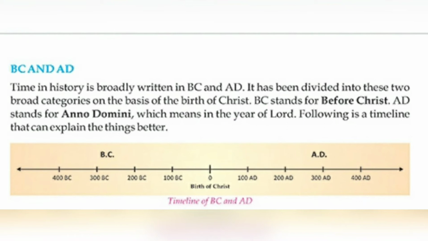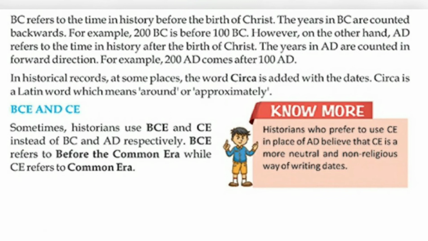Now 200 AD means 200 years after the birth of Jesus Christ, like 300 AD and likewise 400 AD.